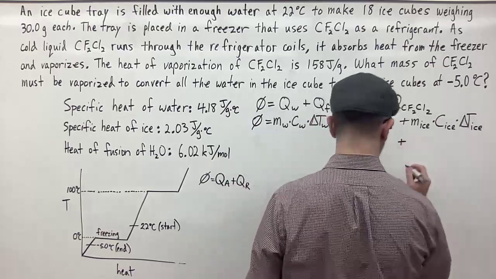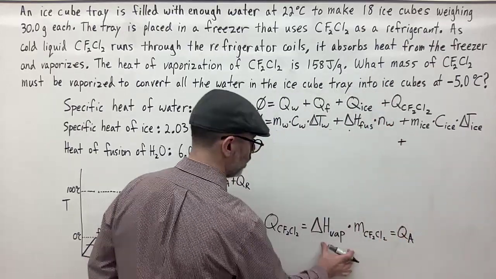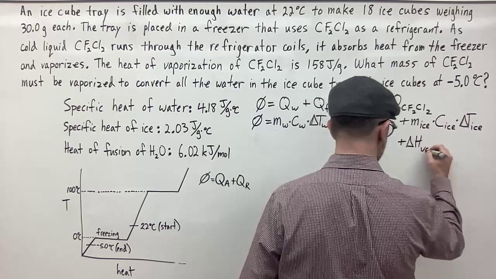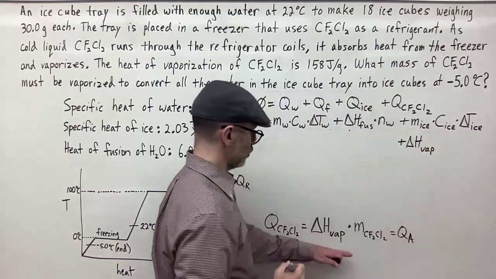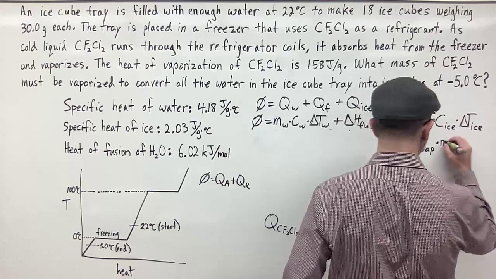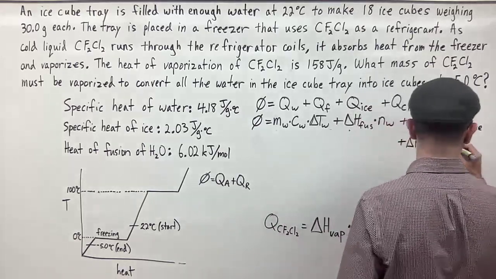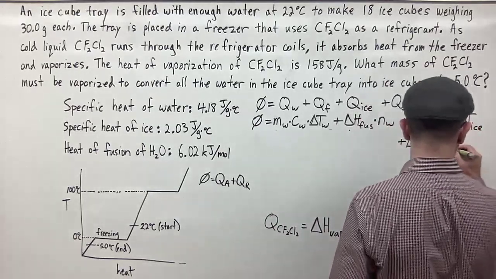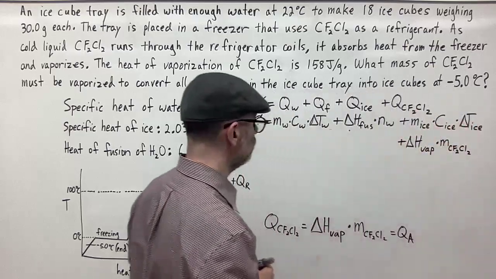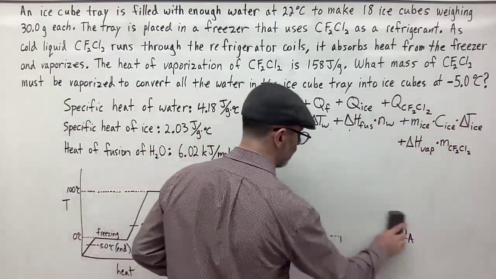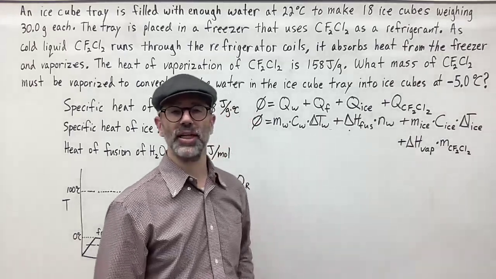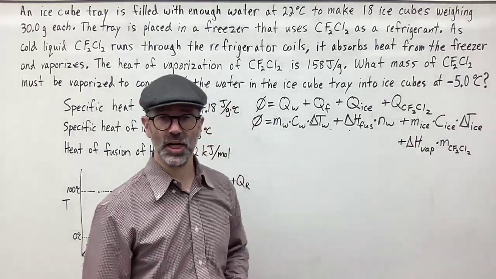So plus this here, so it's going to be the heat of vaporization of the CF2Cl2 times the mass of CF2Cl2. Okay. So now I have the equation set up. Now all I need to do is plug and chug.